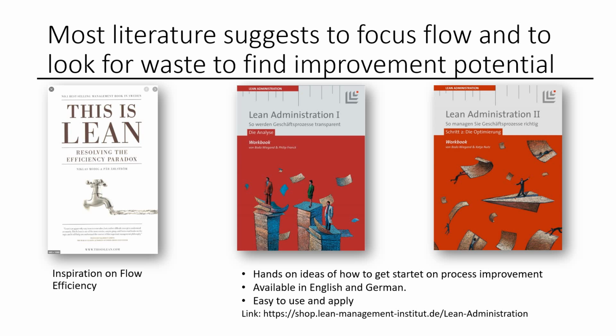And on the basis of these two books, I got a lot of ideas for the tool itself. And both books, all three books, are really good for getting started into the subject. They're easy to read, they're nicely illustrated, and especially the This Is Lean book is something that can easily be read by all organization members, and it is truly inspiring.